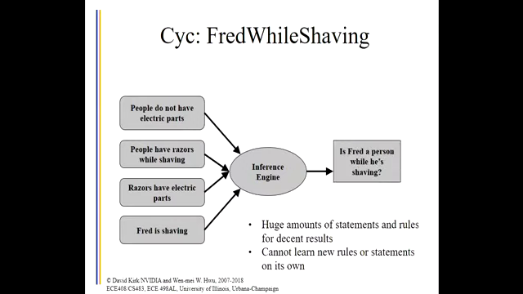And you go into the inference engine, and the question is: is Fred a person while he's shaving or not? Because it could be that Fred has an electrical part, and so he's shaving, or Fred has a razor, and the razors have electrical parts.